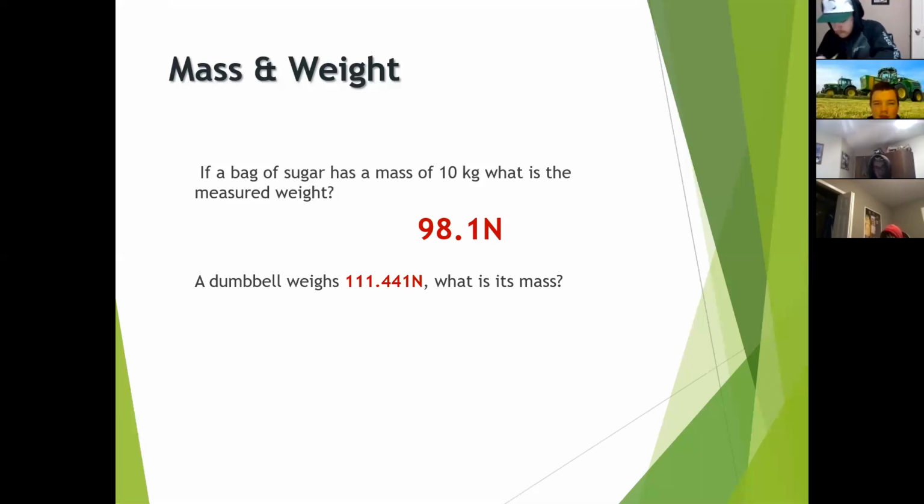111.441 newtons. That's a very specific number, right? What is its mass? You're going to apply those same cross multiplication rules. 1 kilogram over our unknown kilograms is equal to 9.81 over 111.441.